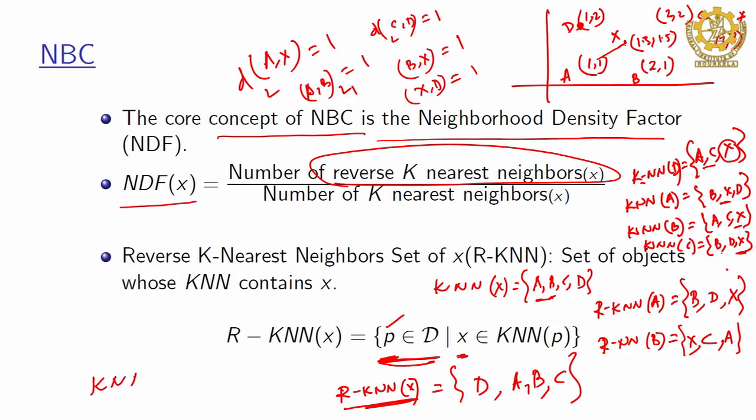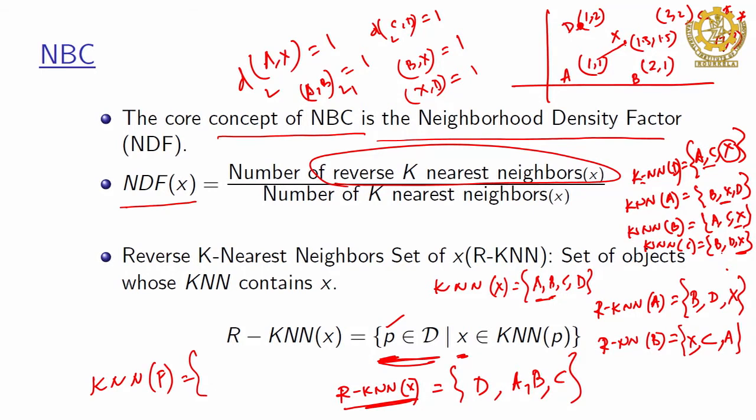KNN of the far point, let us say F. You have to compute the distance from the point to all other points, and you have to take the two closest points. So, from (7, 7), the closest point will be say (2, 5), and this will be (5, 5).